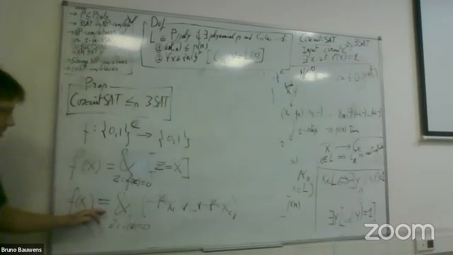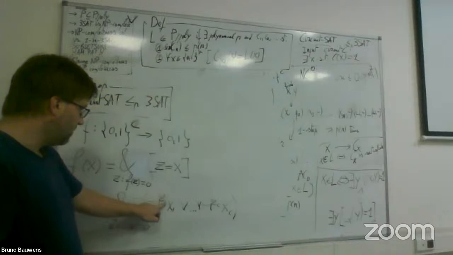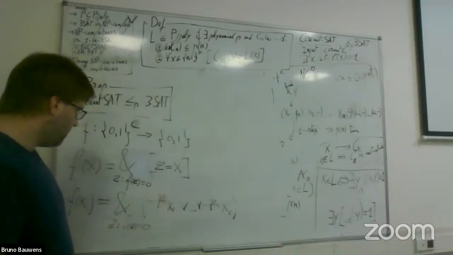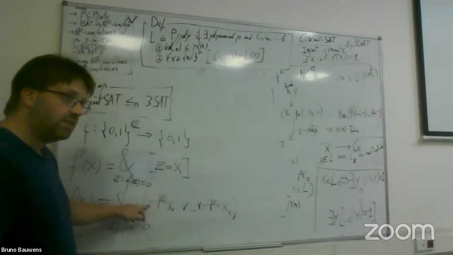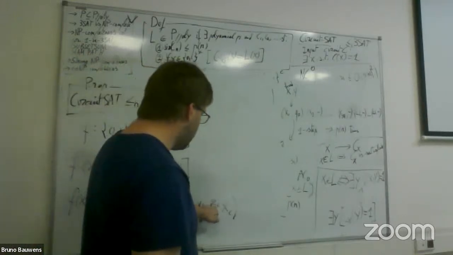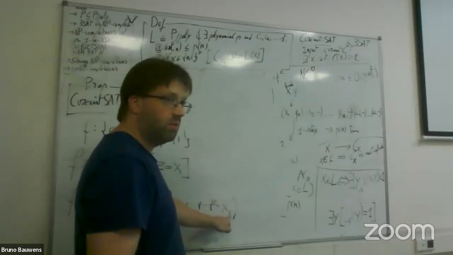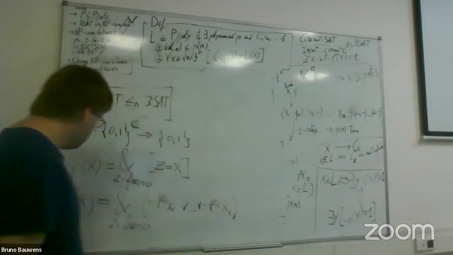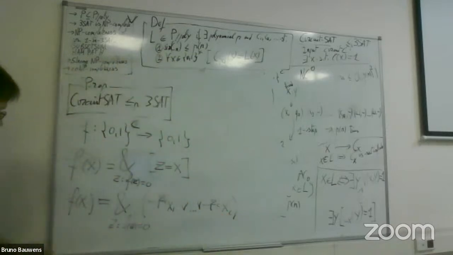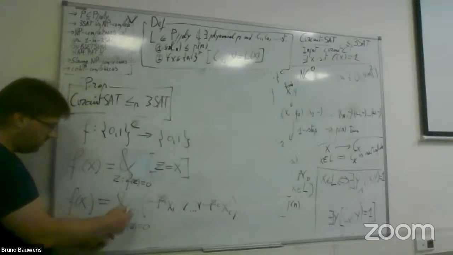f(x) is equal to this. So if both x1 is 0 and z1 is 0, then the negation doesn't apply, and we get 0 here. And if z_i is 1 and x_i is 1, we get not 1, which is 0. So you have a negation to the power of z_i.